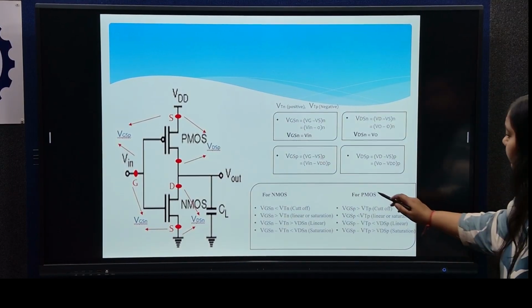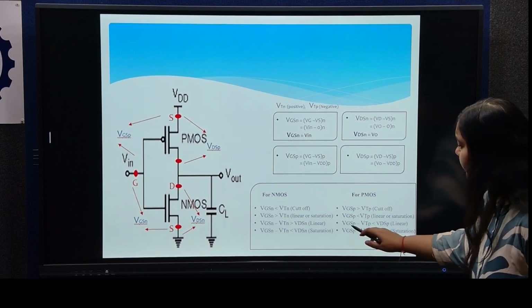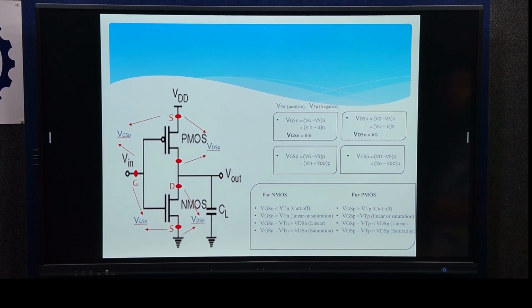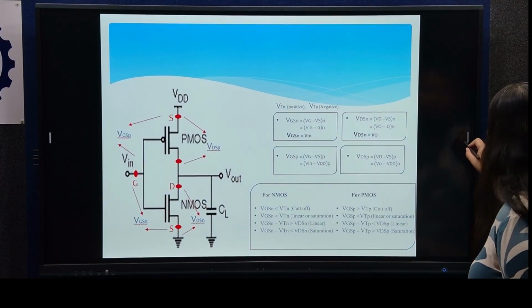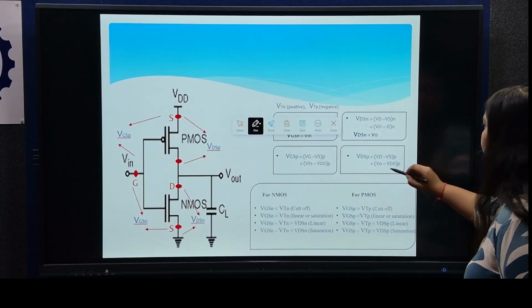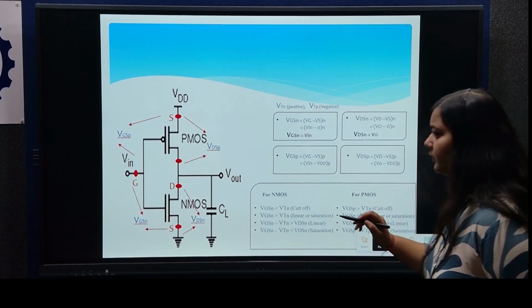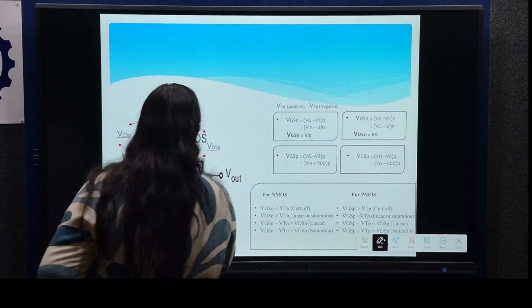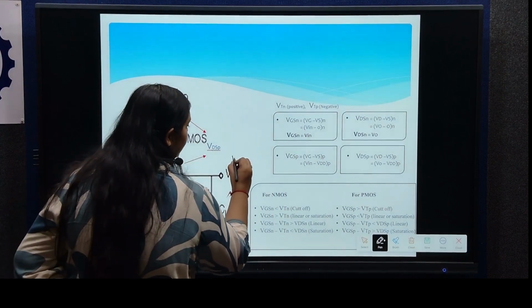How? When PMOS is in linear region, what is the assumption? If VGSP minus VTP is smaller than VDSP, then PMOS will be in linear region. When we apply input 0, we will get maximum output.